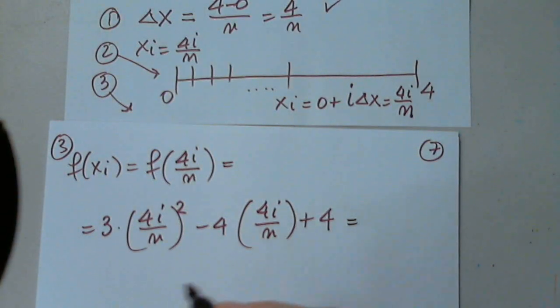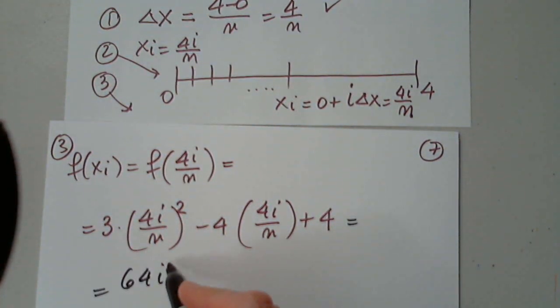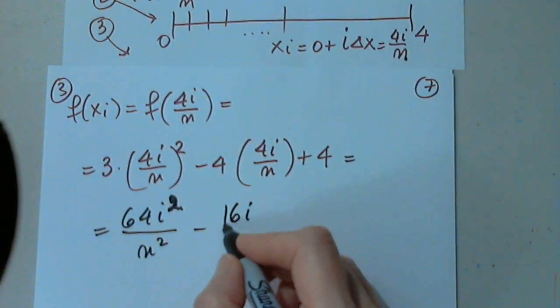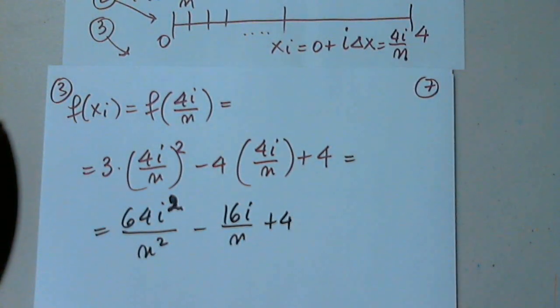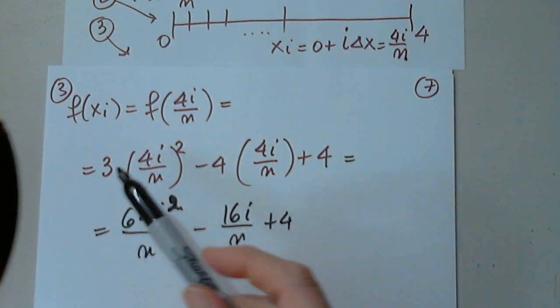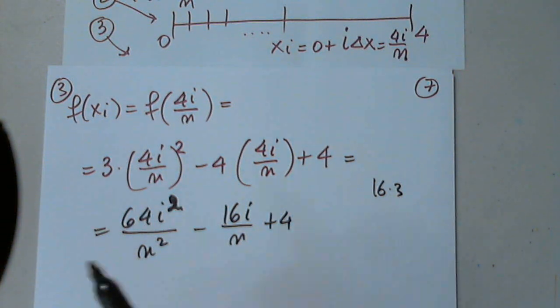Okay, so now I continue simplifying it. So 4 squared is 16, times 3, 64 i squared over n squared minus 16i over n plus 4. So one more time, is 16 times 3 okay? Is that 60?